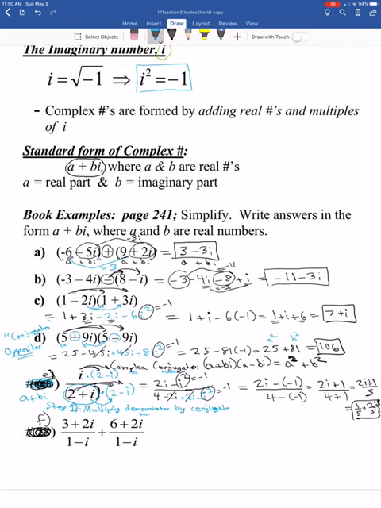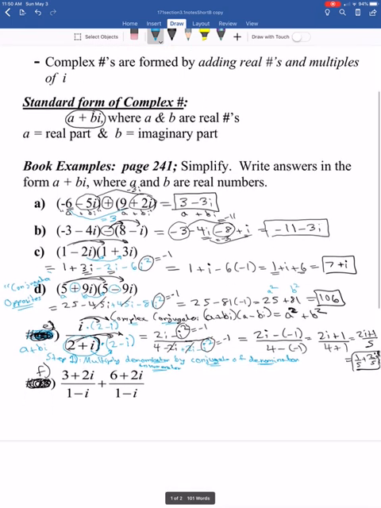And of course, you've got to multiply the numerator too. So again, it's a fraction. You've got to do the same to the numerator and the denominator. So multiply the denominator and numerator by the conjugate of the denominator. That's your work when you're dealing with complex fractions.